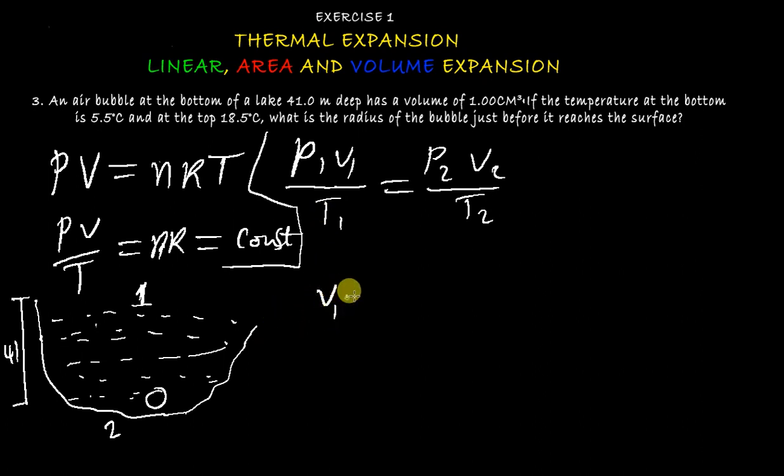If we make V1 the subject, this will be equal to P2 V2 over T2. Of course, on top there, if we cross multiply, we need also to have T1 there, and then P1 down.